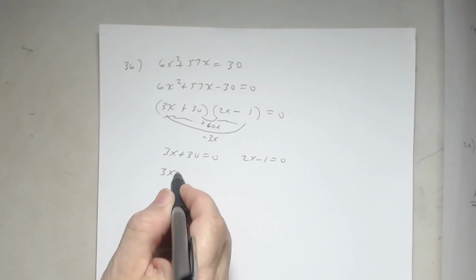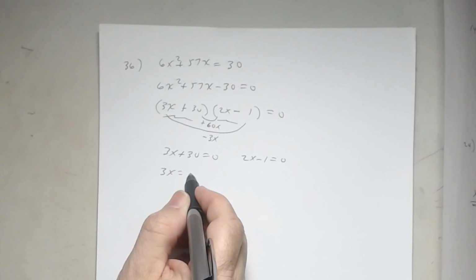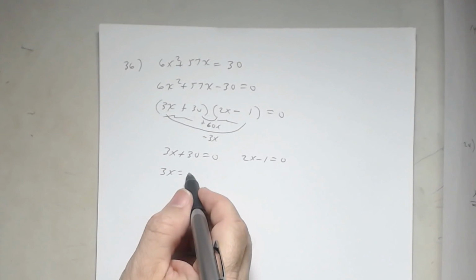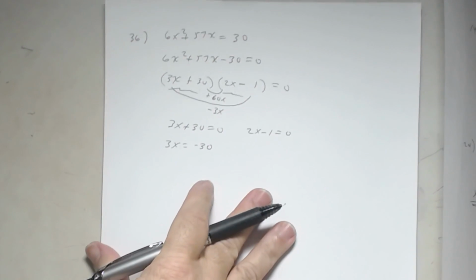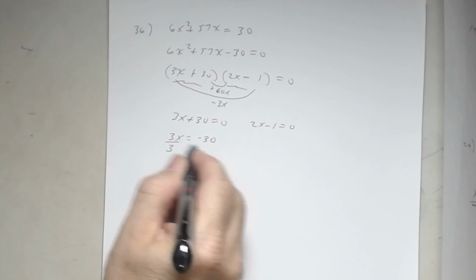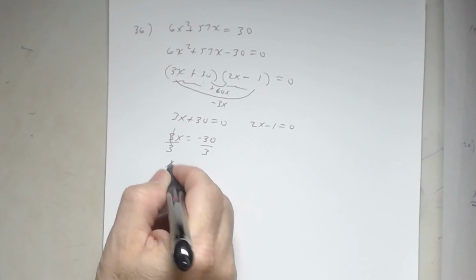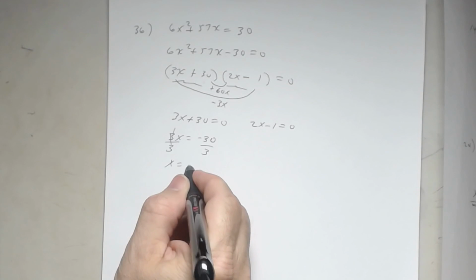So here 3x equals... Taking you a long time to solve a linear equation. 3x equals what? Negative 30. Divide both sides by 3. So what's one of your solutions? Negative 10.